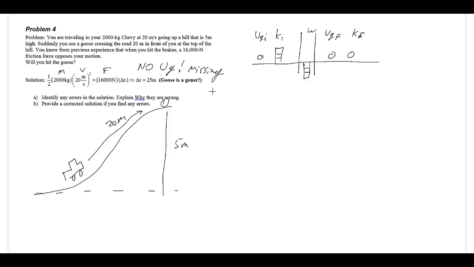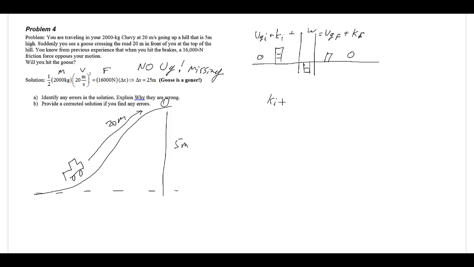So let's fix that. When he gets to the top of the hill, while he is missing the kinetic energy, that's not all of it. Some of it has gone into some gravitational potential energy as well. All right. I'm still stopped at the top of the hill, so now this equation is okay. So we can use this to create our equation.